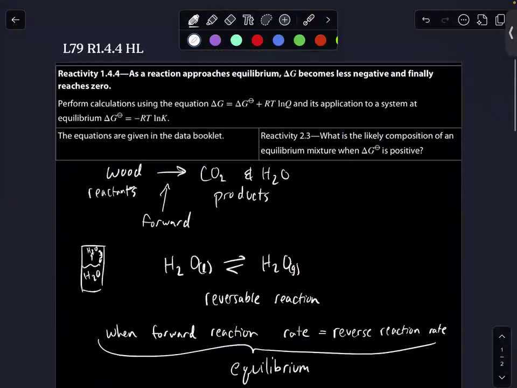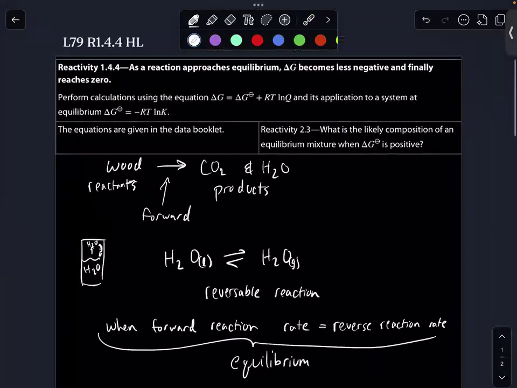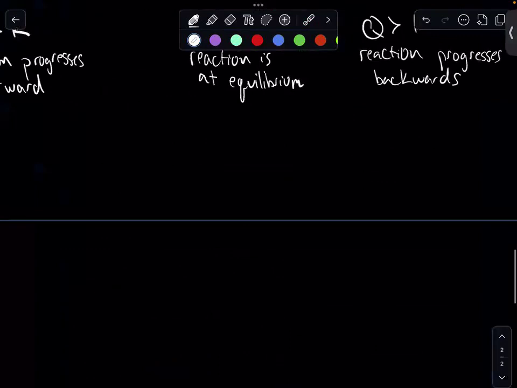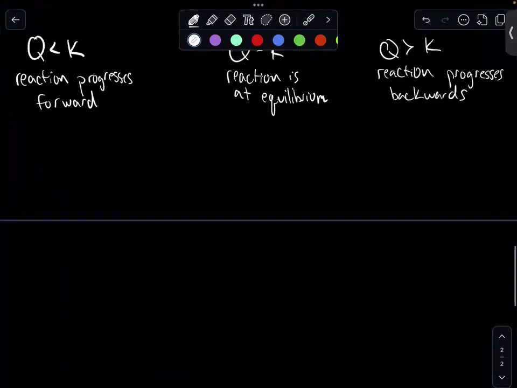We said at the top that we're going to be using delta G and talking about that in an equilibrium process. So let's now bring back in Gibbs energy.